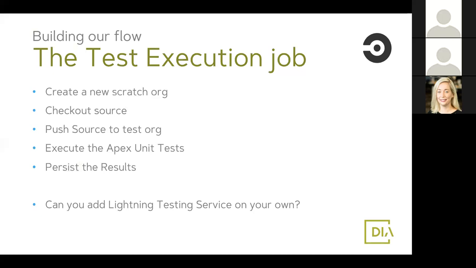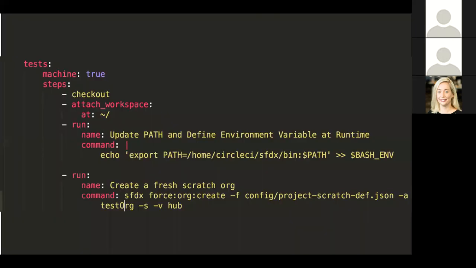And if you're following along in my repo, you could probably try to add a Lightning testing service to my test flow, just to see how unit testing for Lightning components and JavaScript code in your org will do. I won't do this in my job now, but it's something that you can try on your own later.